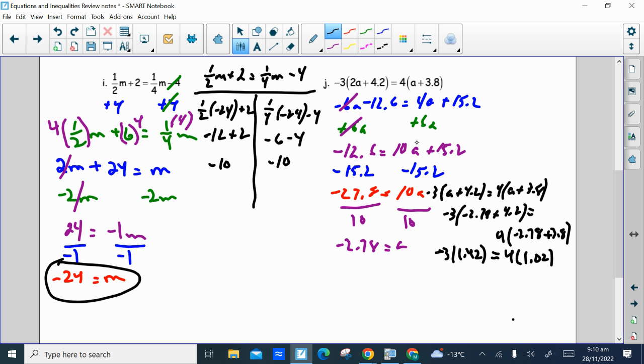Negative 27.8 divided by 10a. Oh, no, that's right. Those are both negative. We added 6a to both sides. That's right. Left with negative 12.6. We subtracted the 15.2 from both sides, which gave us negative 27.8. That's going to be a positive.